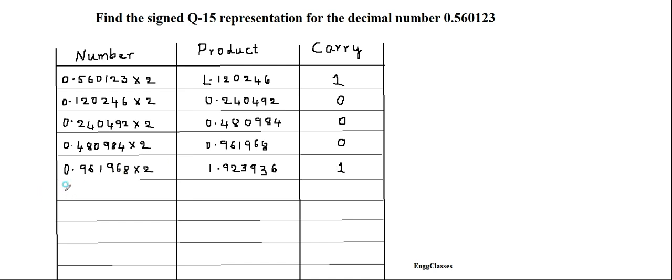I'm left with 0.923936. Let me multiply this number by 2. I'm going to get the answer as 1.847872, and the carry bit I'm going to get as 1, so let me write 1.